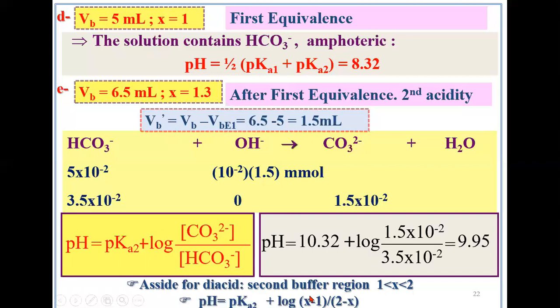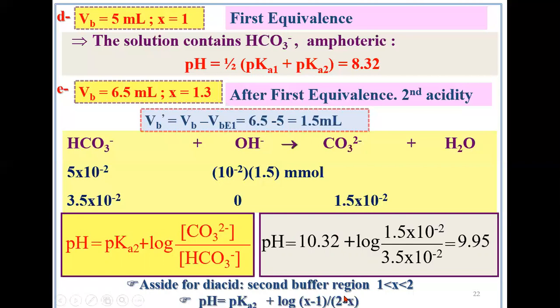Again, this is the same that I showed you on the first slide with my summary slide. Let's give it a shot. pKa2 is 10.32 plus log of x minus 1, which is 1.3 minus 1, is 0.3, divided by 2 minus x, which is 2 minus 1.3, which is 0.7.